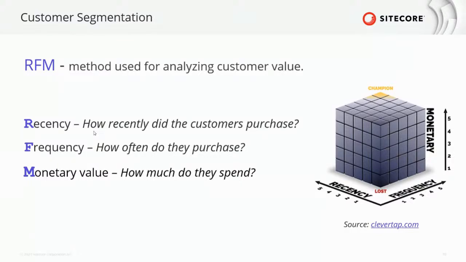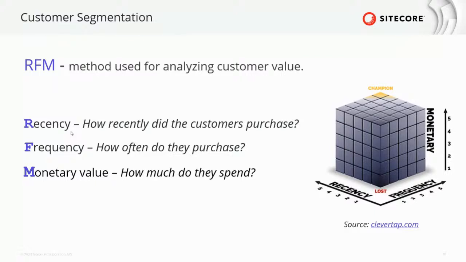Frequency is a score of how frequently customers buy from us, and monetary value is how much customers spend with us in total over some period of time. These RFM metrics are very important indicators of customer behavior because frequency and monetary value affect customer lifetime value, and recency affects retention, a measure of customer engagement.